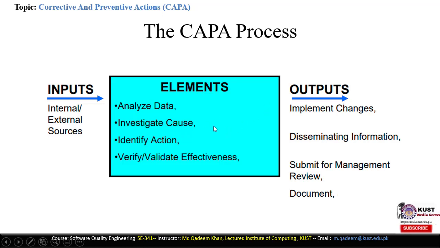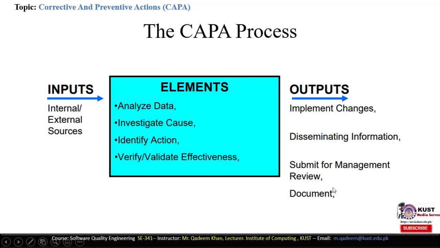While on the output side, we will obtain the implementation changes that will be necessary to identify and resolve the defects, disseminating information that is transferred to other stakeholders for effectiveness of the CAPA process, and submit for the management reviews, and all the information will be submitted to the higher management office for their review, and the manager will then take action that the reviews should be applied here.